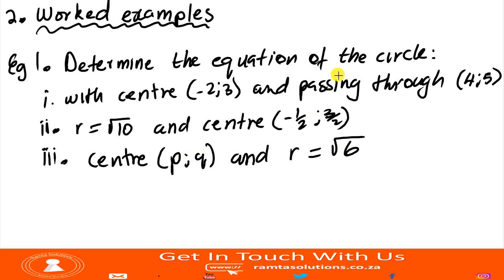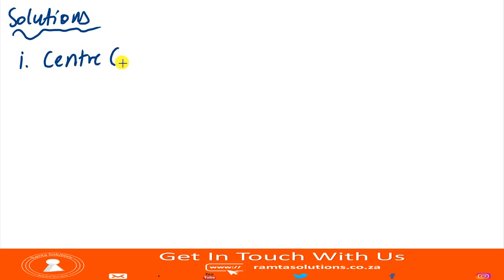All right, so let's look at the first one. I'm going to do this on the next page. Determine the equation of the circle. Now, center is not the origin. Solutions. Roman figure 1. Center is (-2, 3). What does it mean?